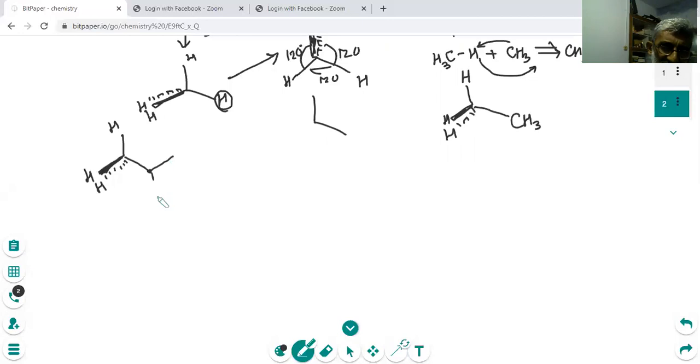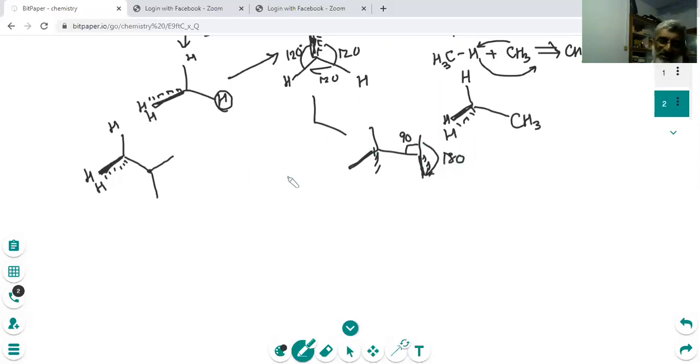See here. I know many of you must have drawn this like this. Many figures will be there. I don't want to analyze that. Only thing is you have to keep this in your mind. If you draw like this, it's going to be 90 here, it's going to be 180 here.